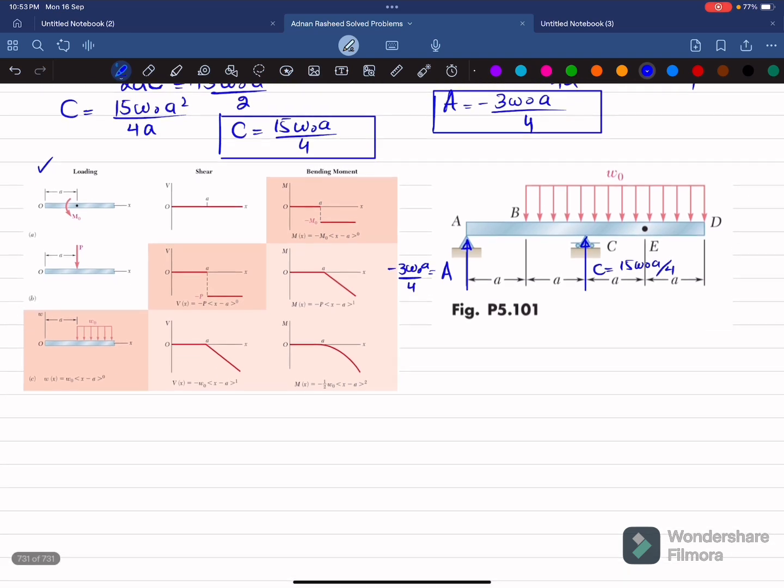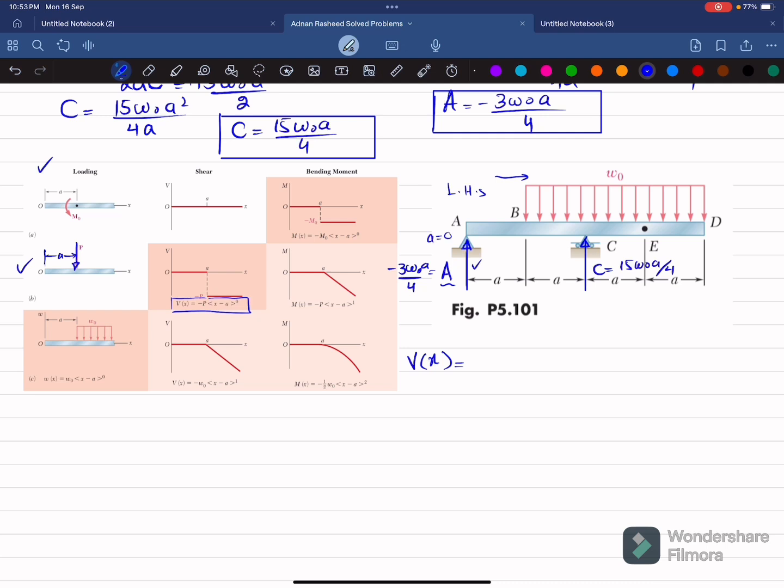Okay, so starting from the shear force diagram, I will write V of X is equal to the first load starting from the left hand side and moving toward the right side. So first load is A, clear. So for point load, the figure is this, and for that the shear force equation is this one. Since load is downward and it is at a distance of A, and here the load is upward and A is equal to 0.